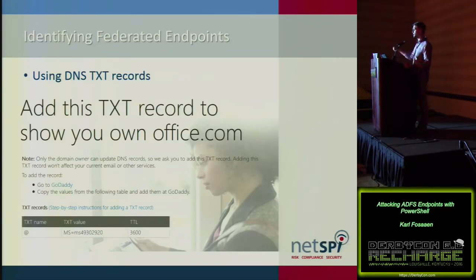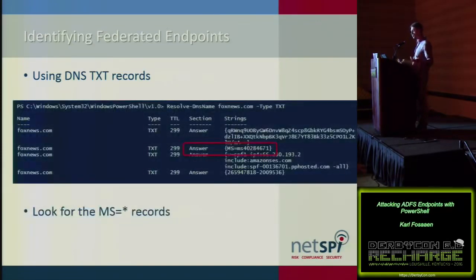And it wants me to put that into my TXT record so they can validate that I actually own that. Makes sense. It's a good thing. Well, we can go ahead and query for that. So in Fox News' case, they've got the ms equals ms402, blah, blah, blah. So it's a good indication that they're federating with Microsoft, or at some point they were. Chances are if they decided to move away from Office 365 or something like that, maybe they forgot it in their TXT record, who knows.